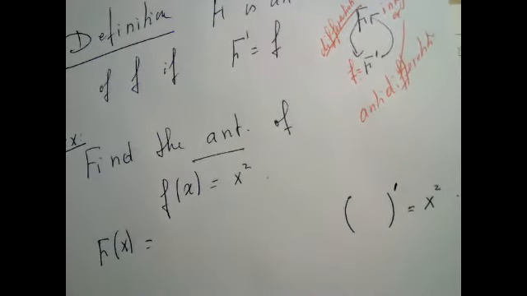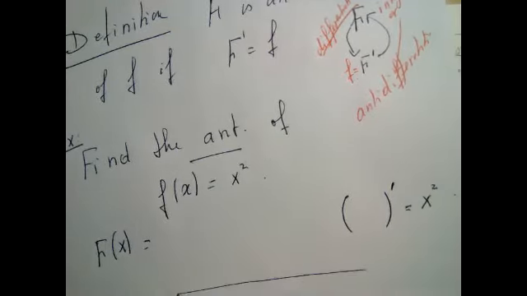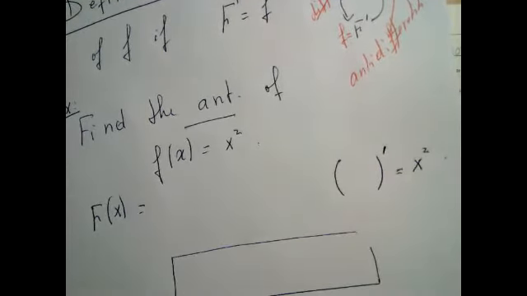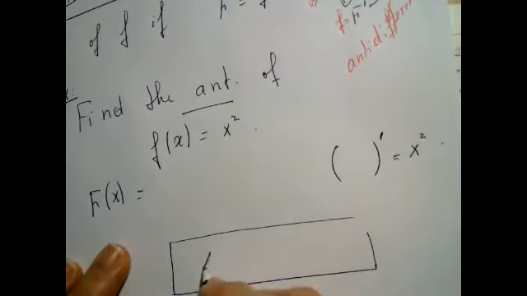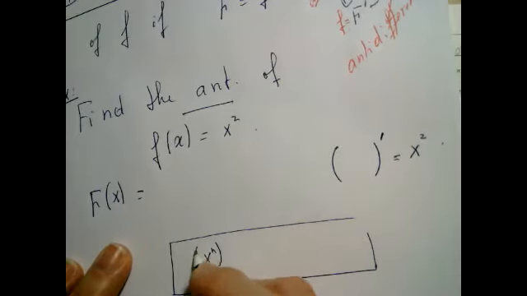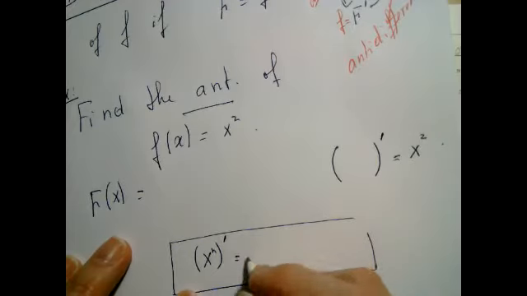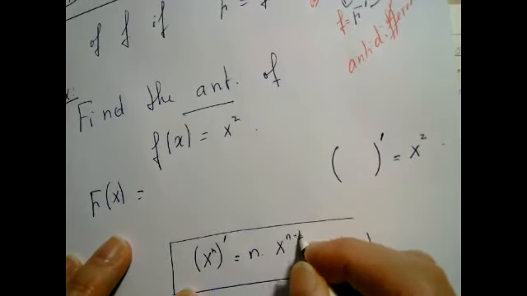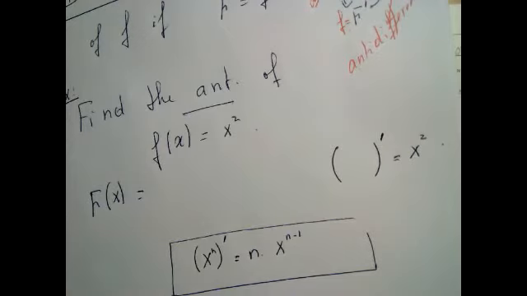All right, so let us remember how we differentiate. What's the main rule of differentiation? The power rule of differentiation is the following. If I take x to the n and differentiate it, the derivative takes 1 away from the power. Now my job is actually to go backward.